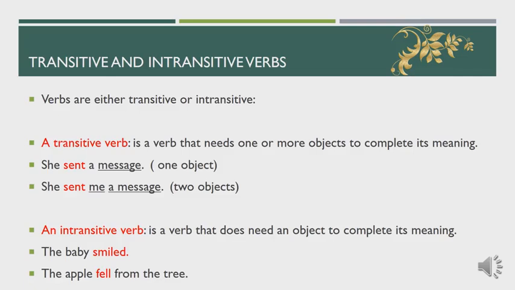For example, she sent a message. Sent is the verb. After sent, we have a message, which is N. It is a noun. Here, it is an object, and it is one object only, which makes sent a transitive verb.